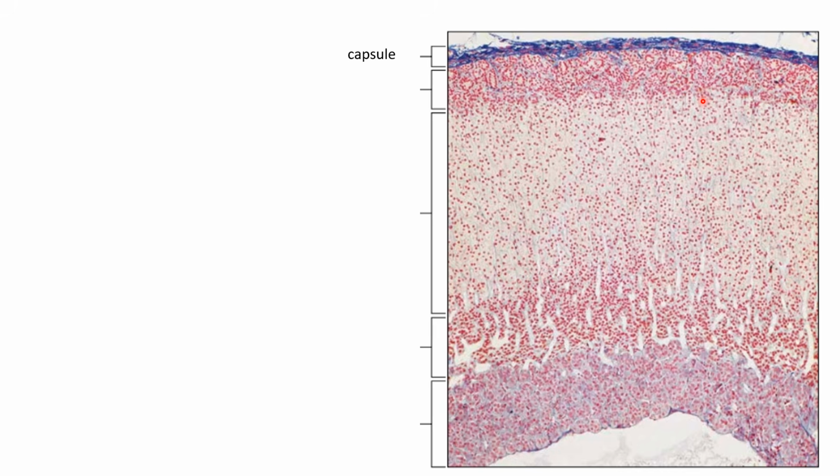Inside the capsule, the outer layer is the cortex. So that is glandular tissue. These three layers here are all part of the adrenal cortex, which is a true endocrine gland. So it's made of glandular tissue, and it releases a bunch of different hormones.